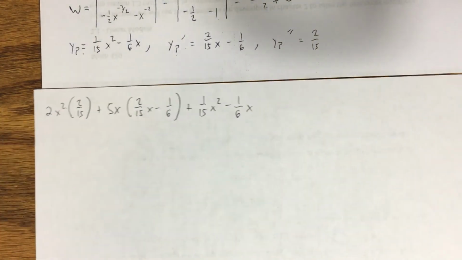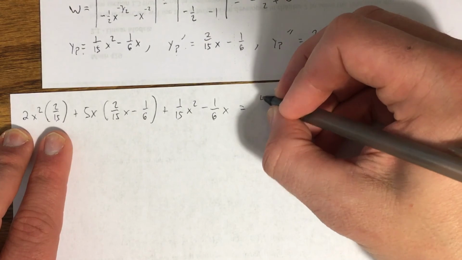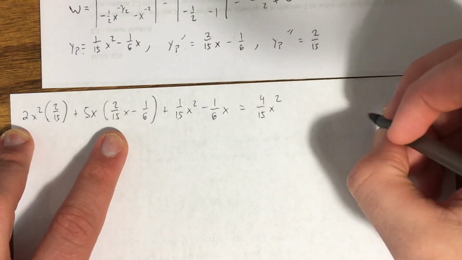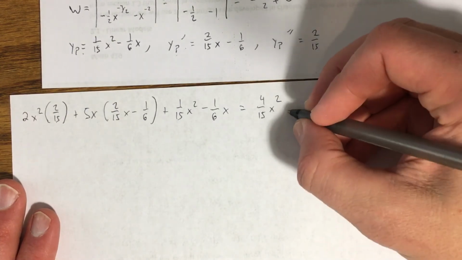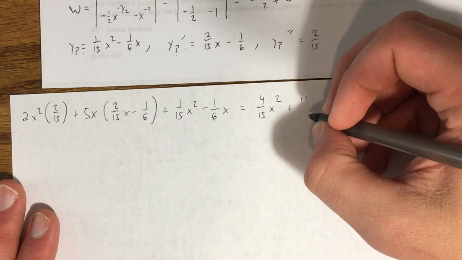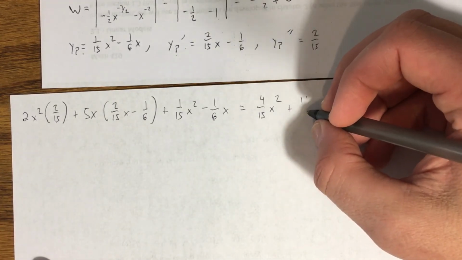And we do a bunch of simplifying. So what is this equal to? Well, this would be equal to 4/15 x squared. Distribute the 5x in here, I'm going to get plus 10/15 x squared, and minus 5/6 x.